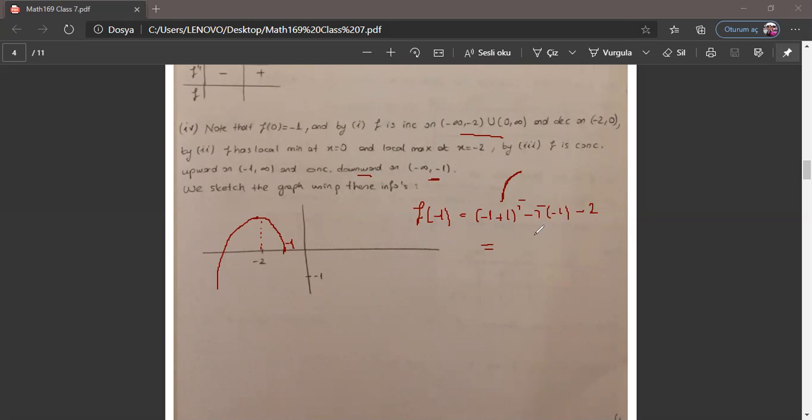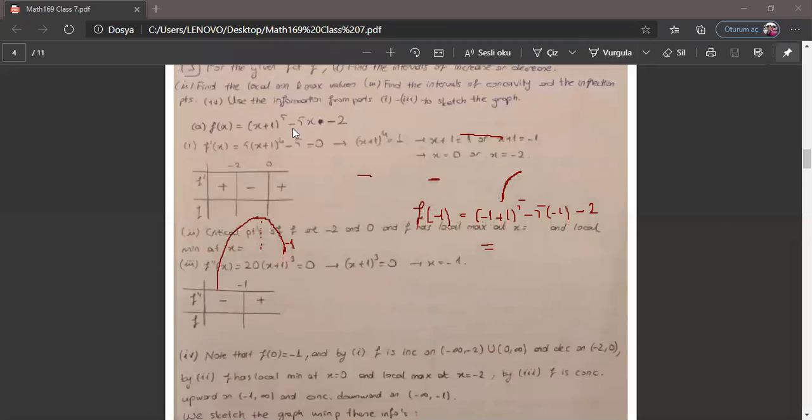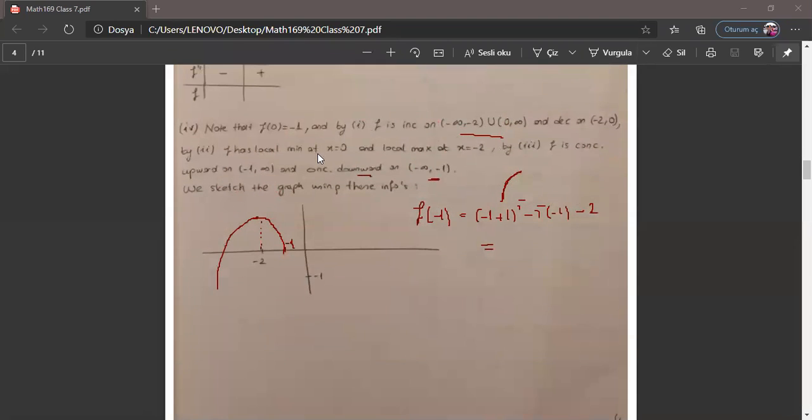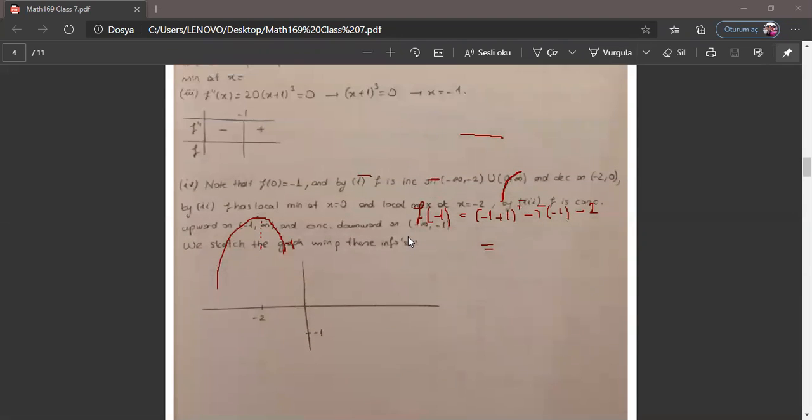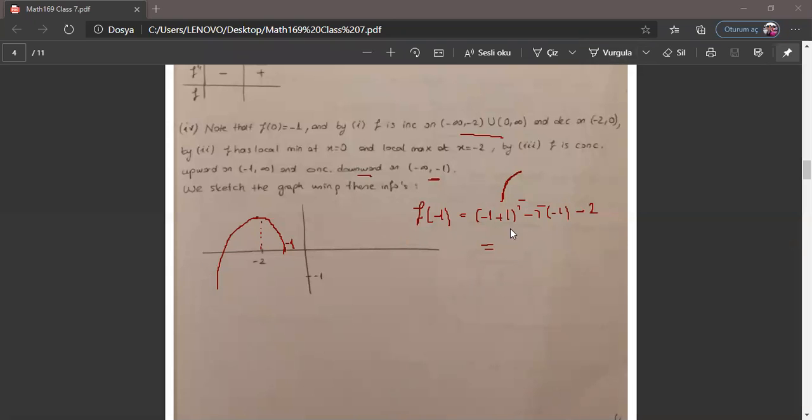Oh, actually we don't have 0. Let me check again. Okay, it's not 0. We have 5, we have 3, right?